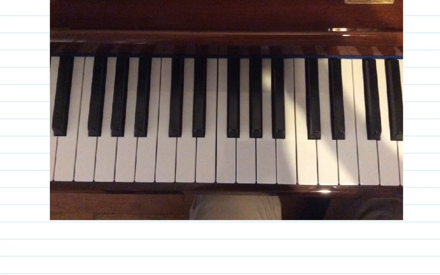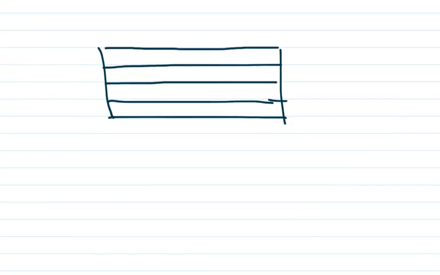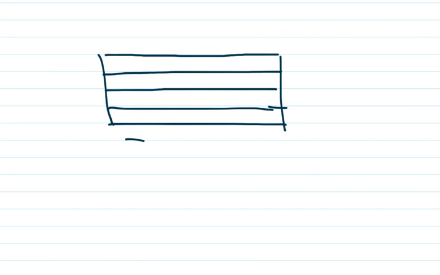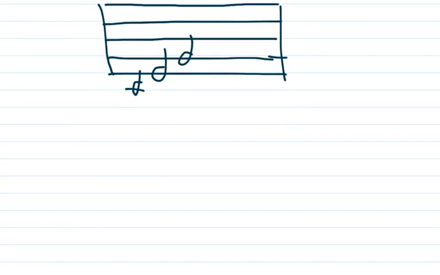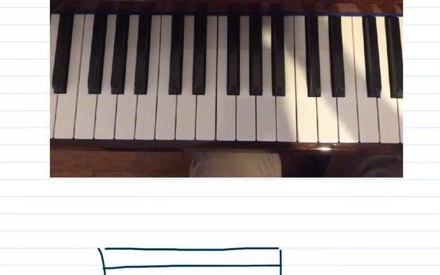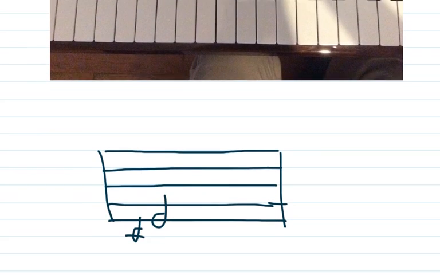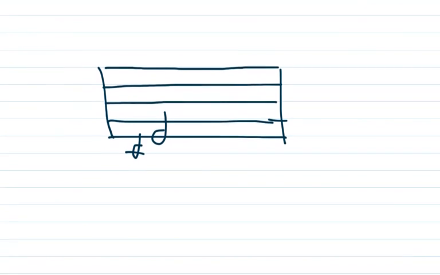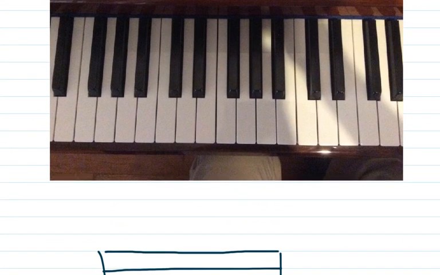Now, a major third is made up of 4 half steps. So you see, a third on a keyboard would look, remember this is the little ledger line, this is C, E, and G. A third on the keyboard would look something like that. That's a generic third.